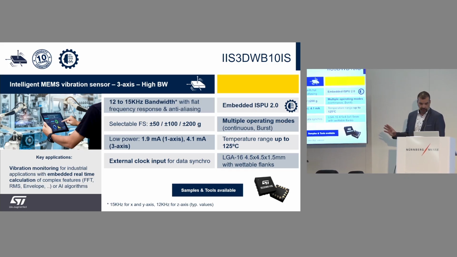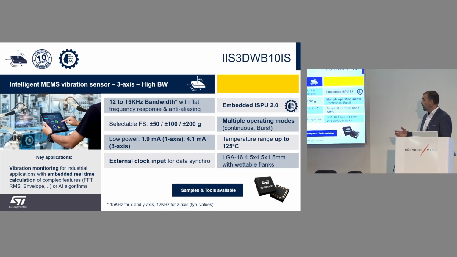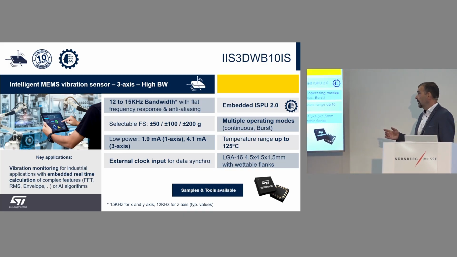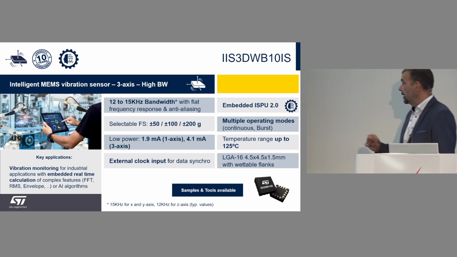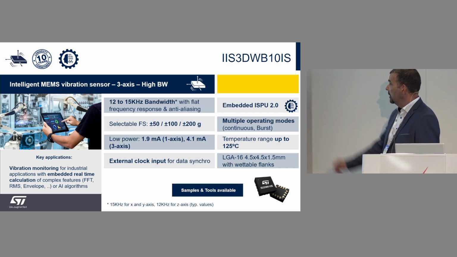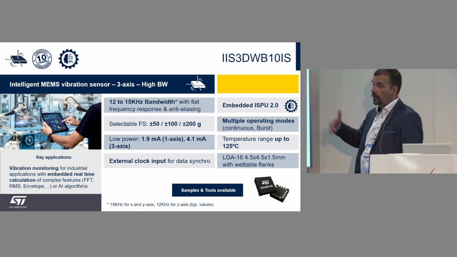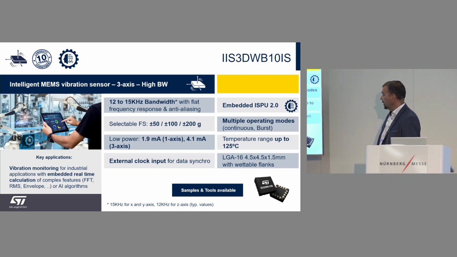Typically, such an accelerometer in an IoT application is not running permanently. You are switching it on for a very short time, a few times a day, and you are processing the data directly in the embedded ISPU, and then you are, for example, sending to the cloud only the results.